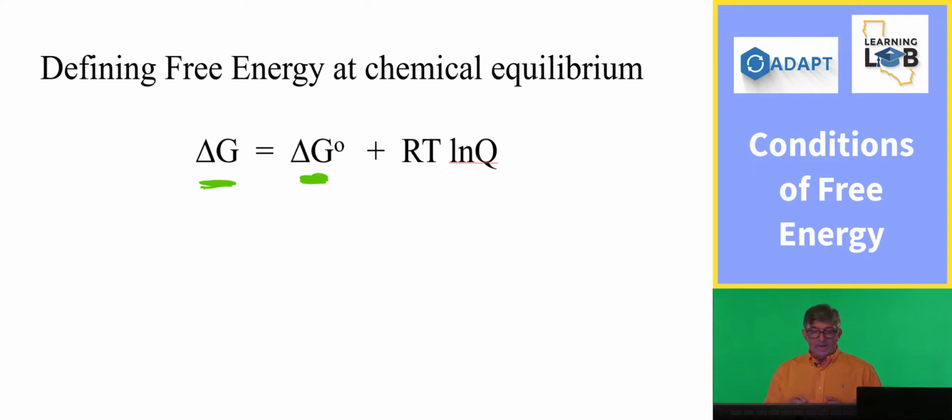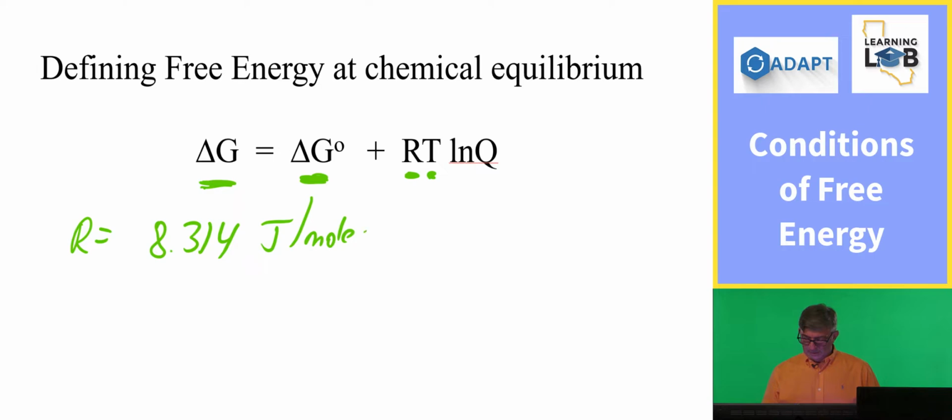Delta G is if any of those reactants and products are under non-standard state conditions. And then we have R, which is our R constant, T is temperature, and ln Q. Just to remind ourselves, R is our thermodynamic R constant, 8.314 joules per mole Kelvin.